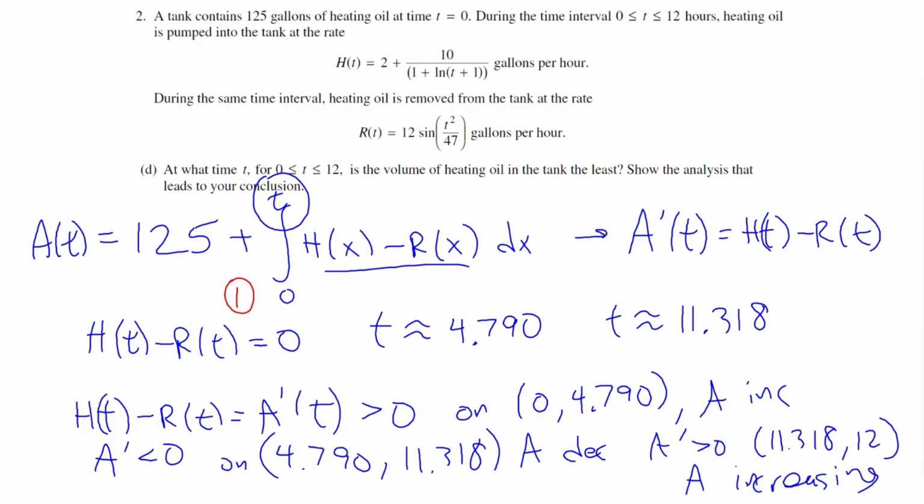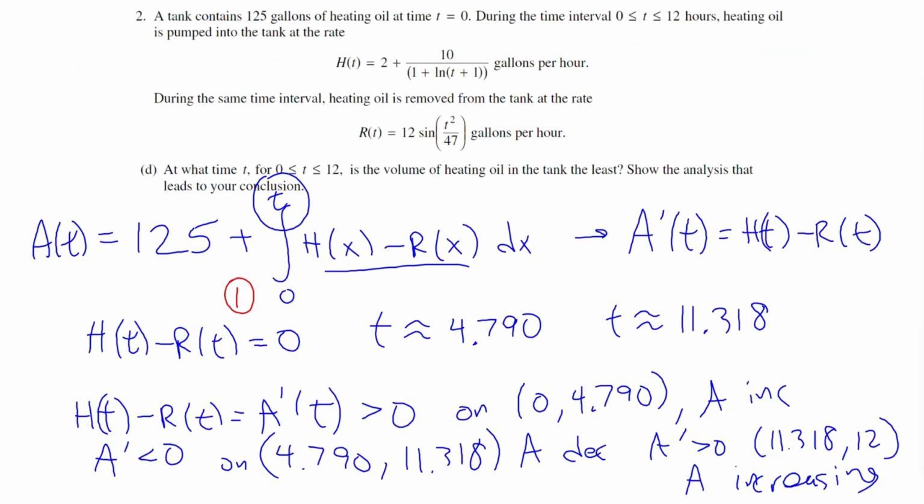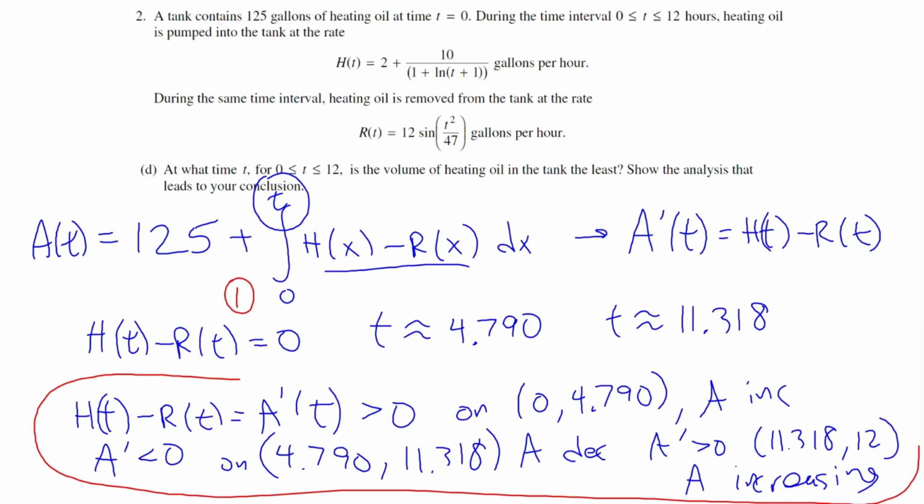Let's see here. No, we have 3 points for this. Sorry, 1 for h minus r is 0, 1 for the volume is least at this 11.318, and 1 for our analysis, which includes this and this statement.